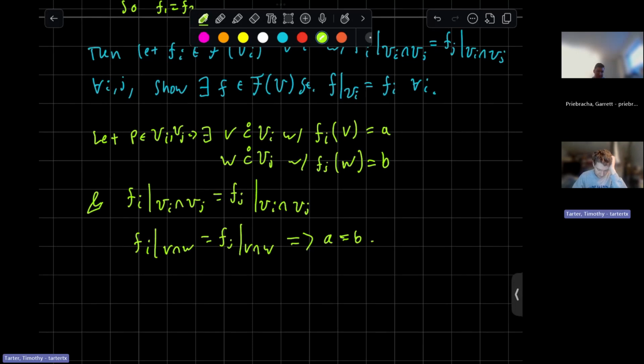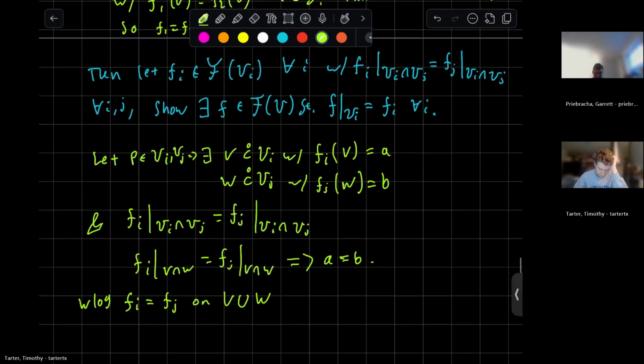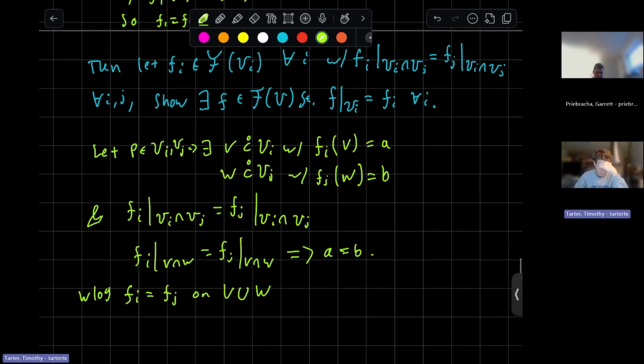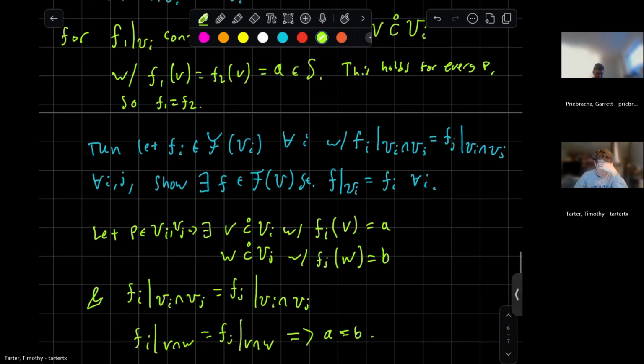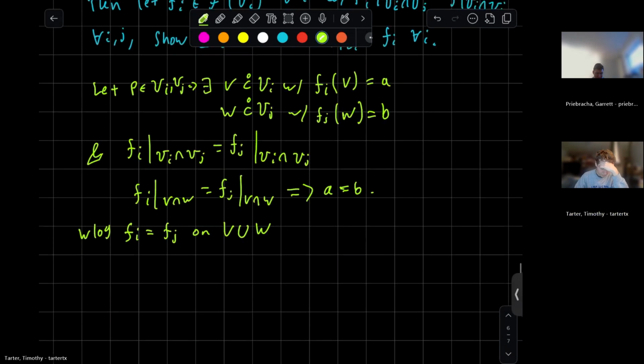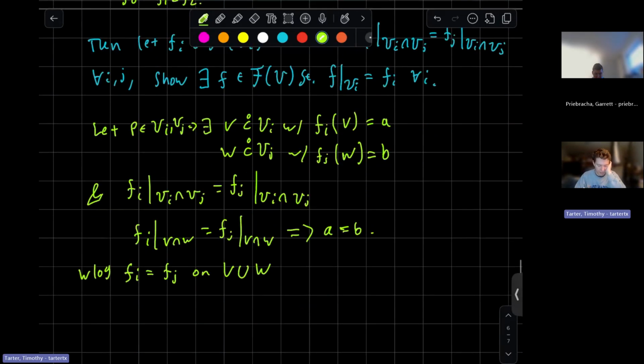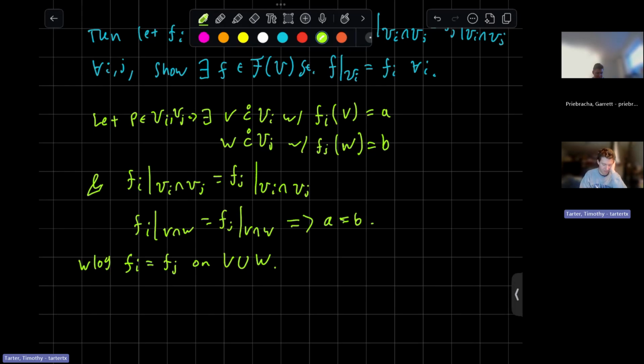And so without loss of generality, Fi equals Fj on V union W. I don't know what the specific F that we need is, but I know that we're close to it.